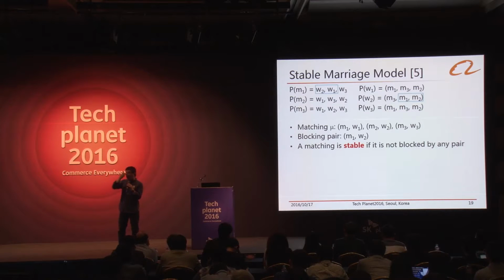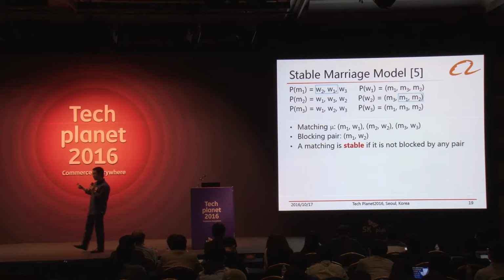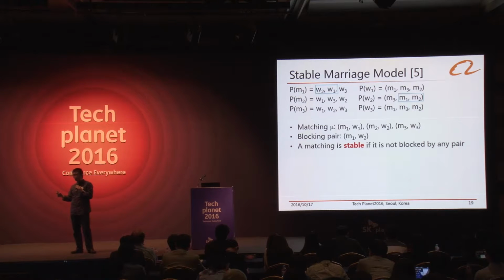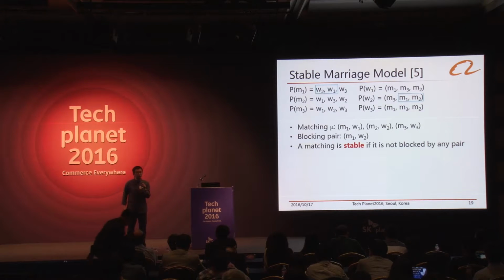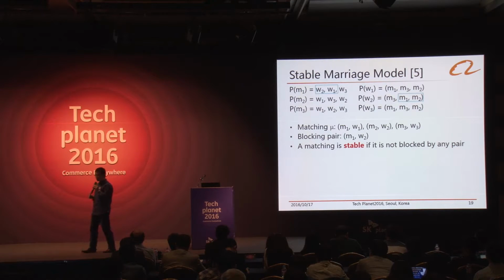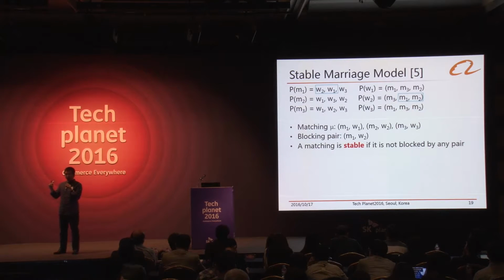So in order to illustrate what I call a good marriage, let's consider an instance of matching. Let's consider a simple matching. I simply marry M1 with W1, M2 with W2, and M3 with W3. Now let's see what's the problem with this simple instance of matching. It turns out this is a bad matching. This is a very unstable matching. Why? Because if I pick a pair, M1 and W2, who are not a married couple, right?